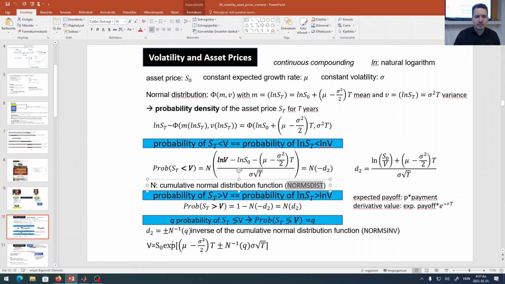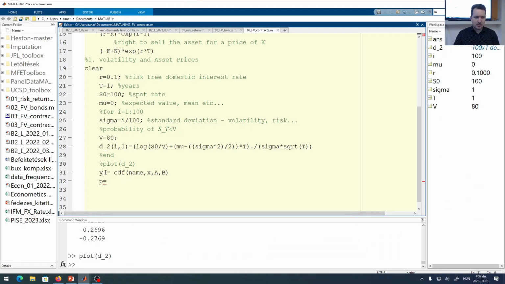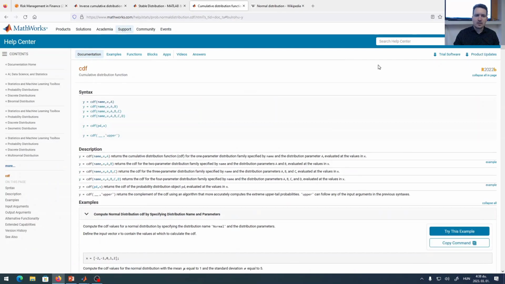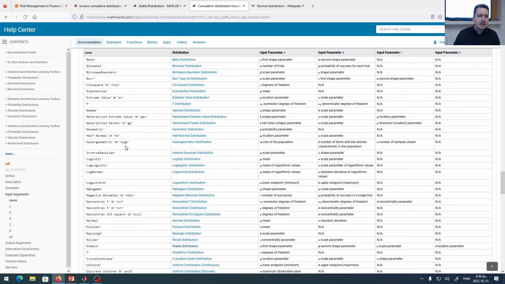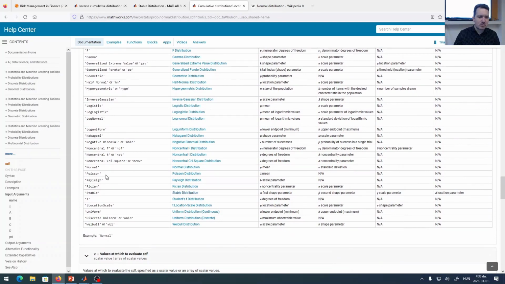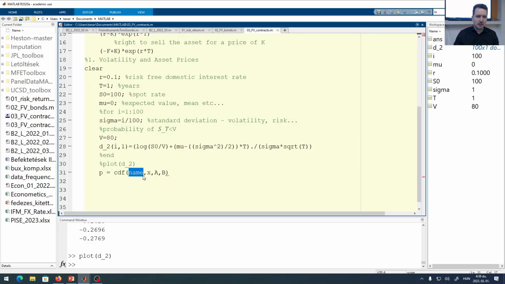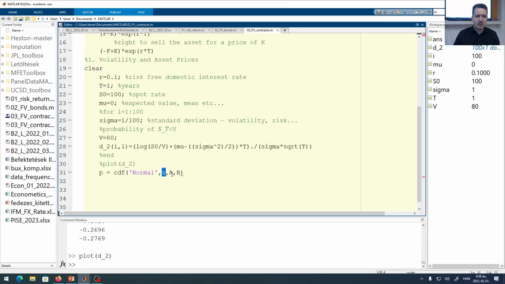Yes, it's probability. Okay, the name. In this case, let's use normal right now. So we don't want to have any kind of fancy first. And in this case, we just have to parameterize.